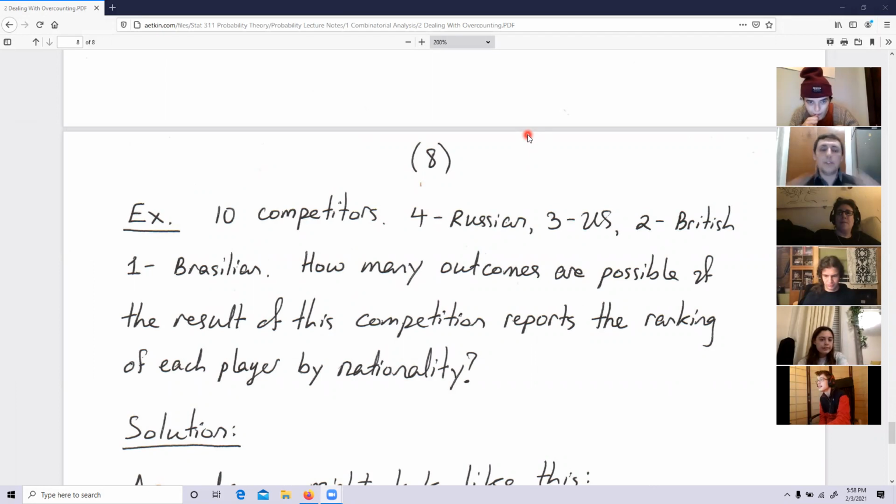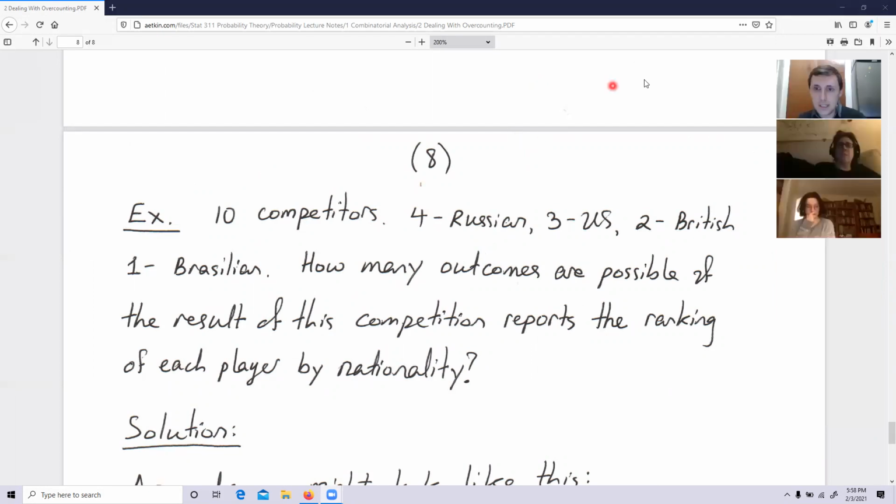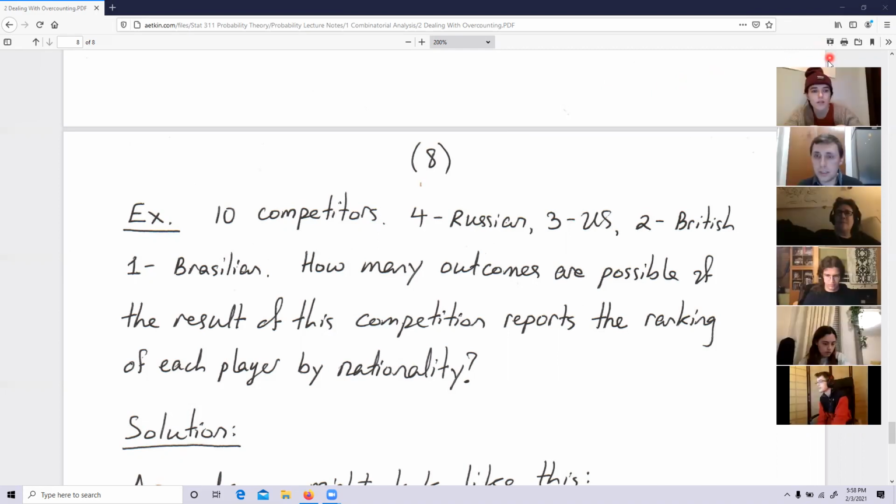Yeah, so here is another simple question. We have 10 competitors. 4 are Russian, 3 are from the United States, 2 British, 1 from Brazil. How many outcomes are possible if the result of this competition is only reporting nationalities ranked, but not the individual? You understand? So each Russian is just represented by, let's say, the letter R. Each US is just represented by the letter U or US, whatever you like, right?